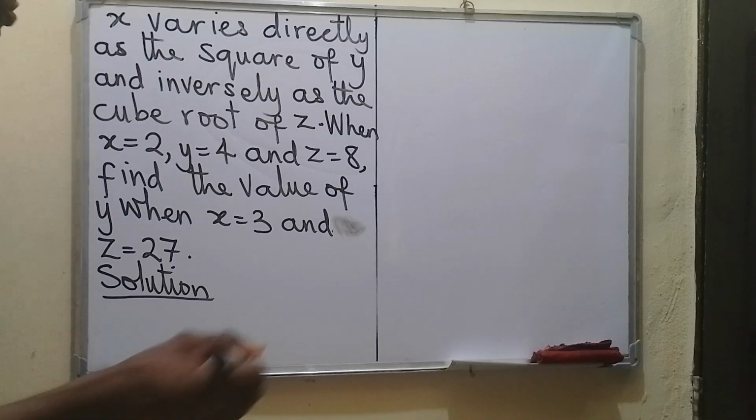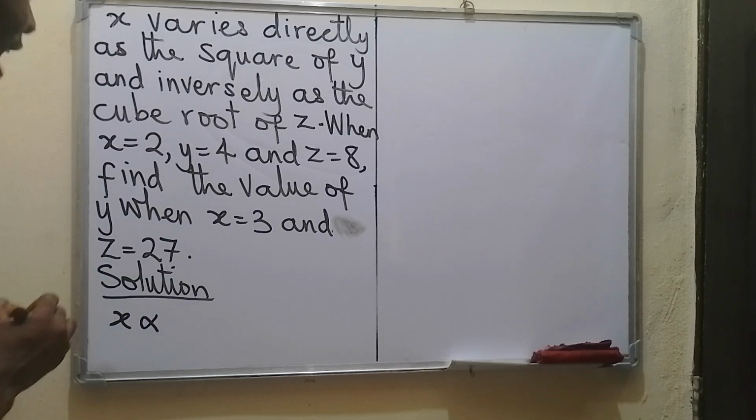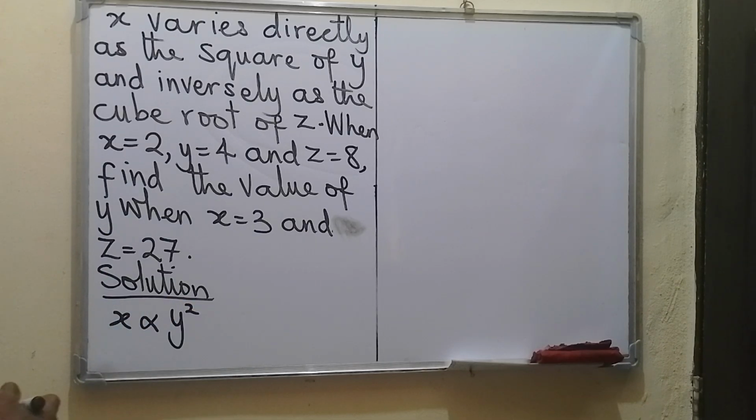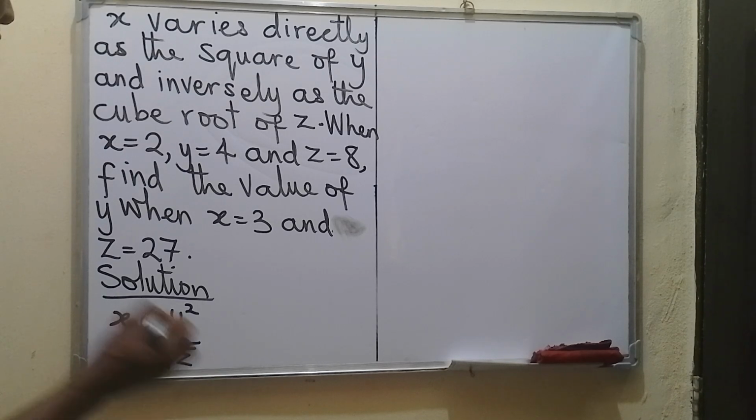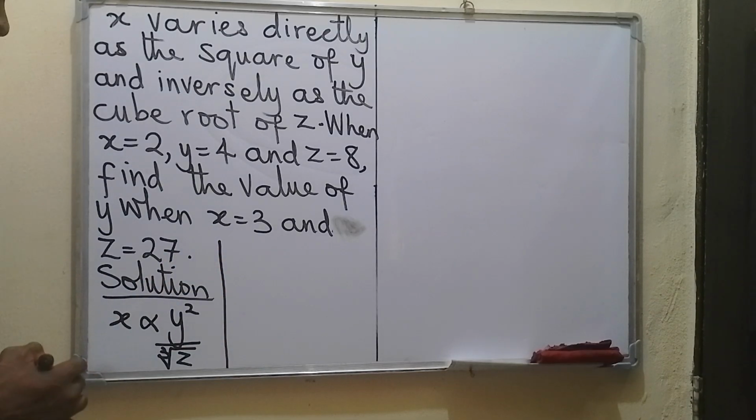Okay, let us enter. We will start to interpret the question. It says x varies directly as the square of y and inversely as the cube root of z. For us to solve this, we will change this variation sign here to an equality sign.